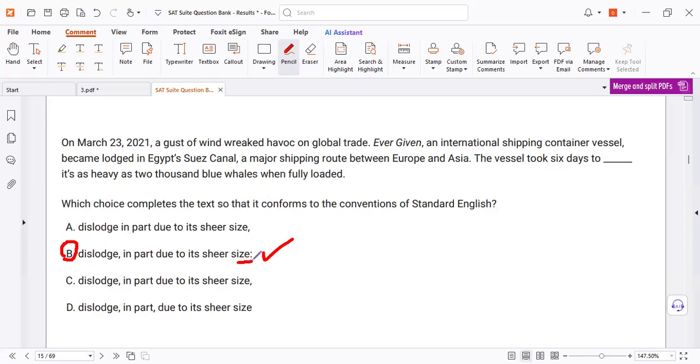Same rules. Check everything. Okay, doctor, I will keep the rest for you and assignment.